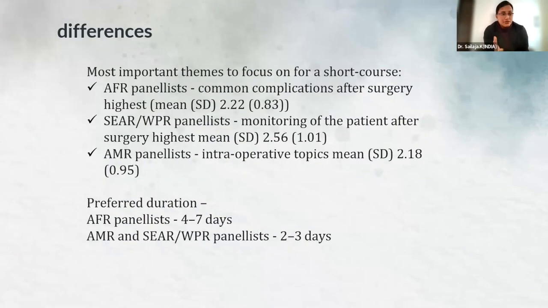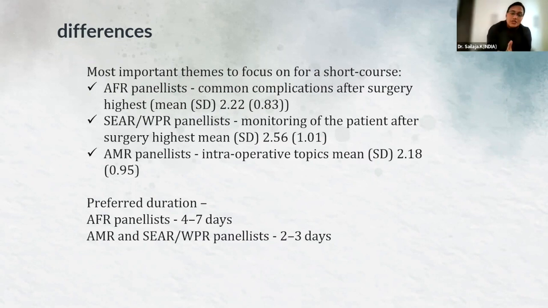So what were the differences among all the panelists, or among all the groups of panelists? The most important theme to focus on for the short course was different for each of the geographical regions, with the African panelists saying common complications after surgery is the most important, with the Southeast Asian region and Western Pacific panelists saying that the monitoring of the patient after surgery is of utmost importance, and the American panelists saying the intraoperative topics are the most important.